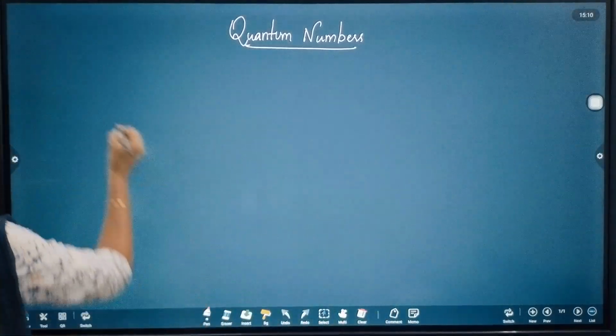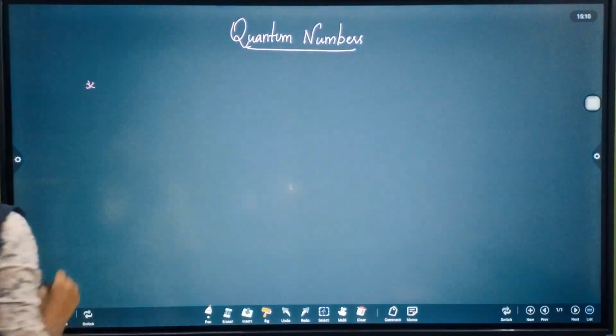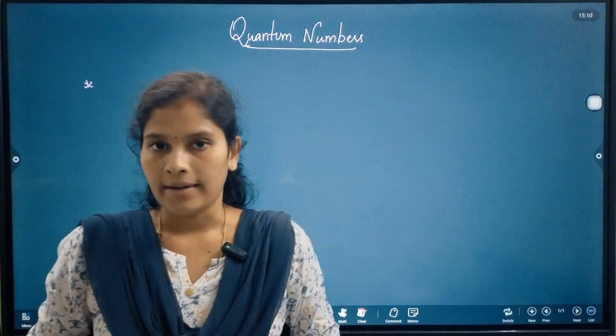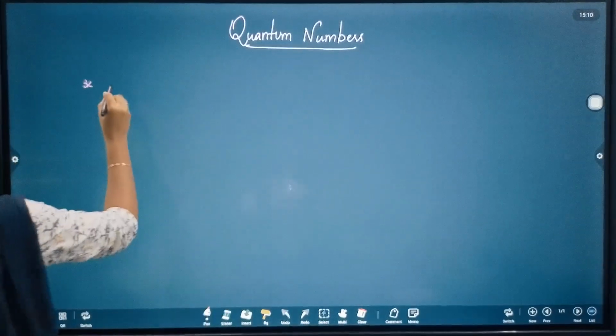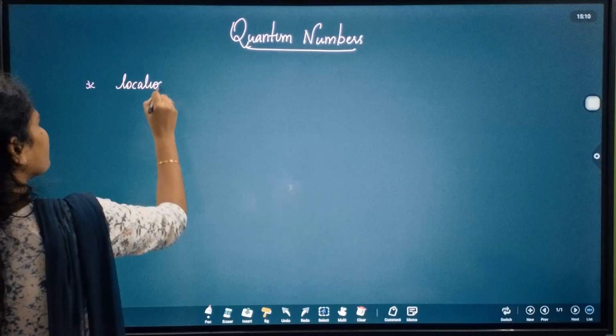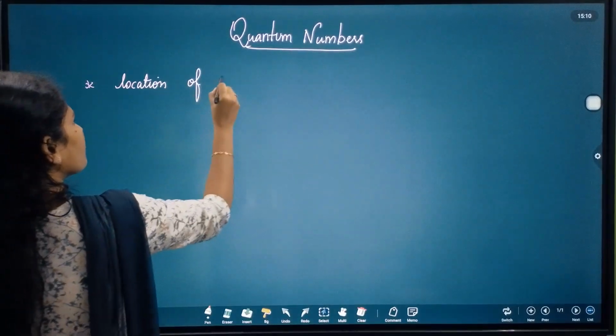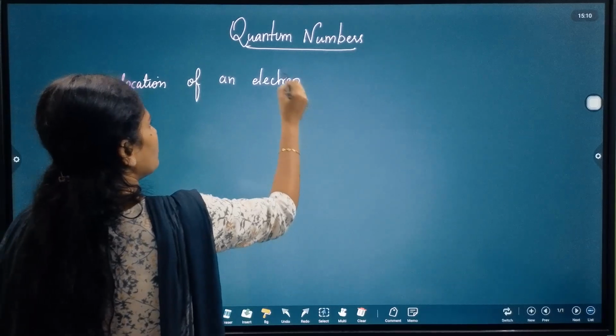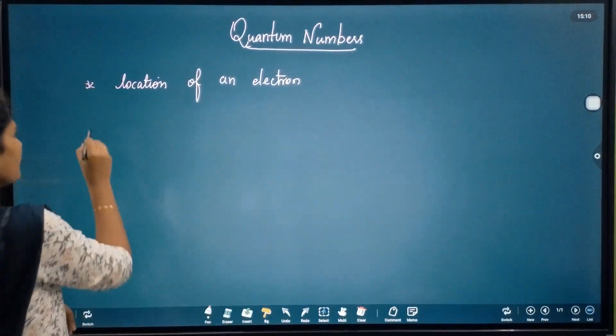So we can say quantum numbers are like a unique code for each individual electron present in an atom. So it gives information about the location of an electron in an atom.